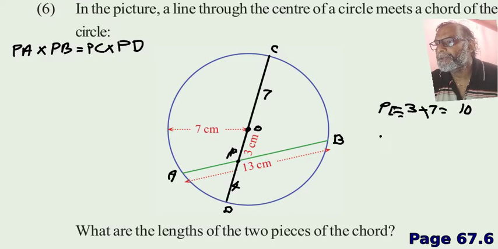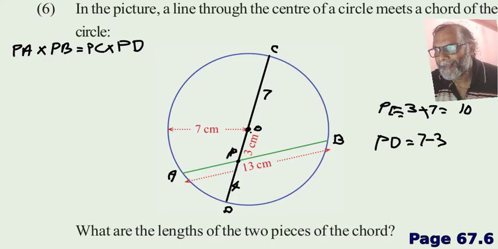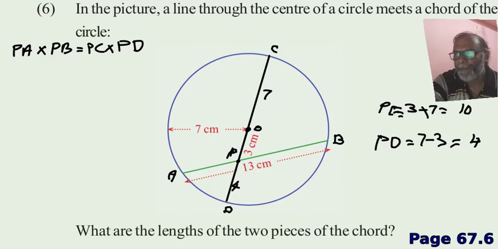Then PD is equal to 7 minus 3. Because OD is 7 and OP is 3. So the remaining part PD will be 7 minus 3, that is equal to 4. So we got PC and PD.